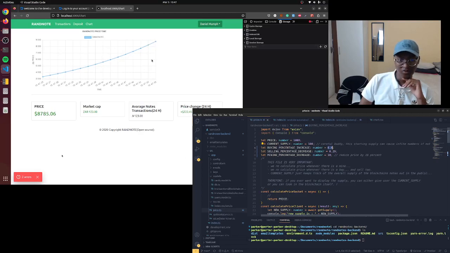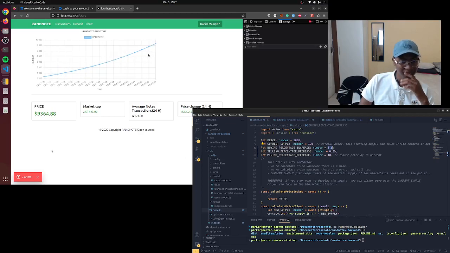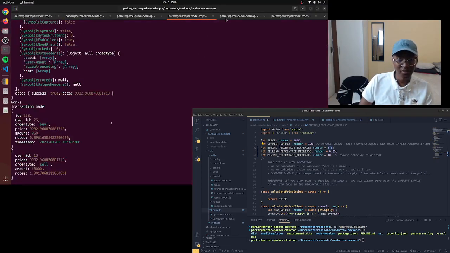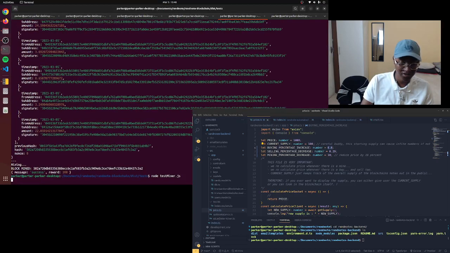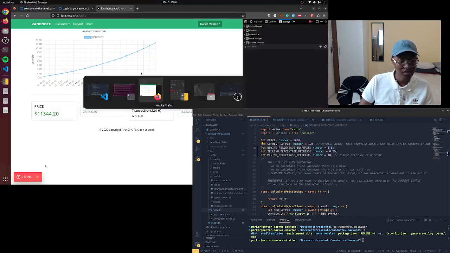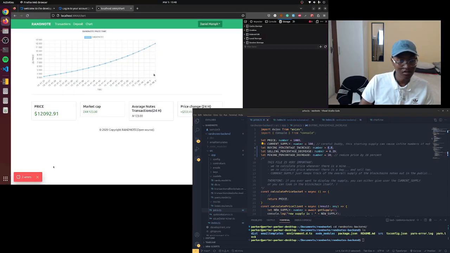I don't know to what value, but we're just gonna mine. Price is steadily increasing, so let's mine. Something happened. Yes, 10% deduction. Good.